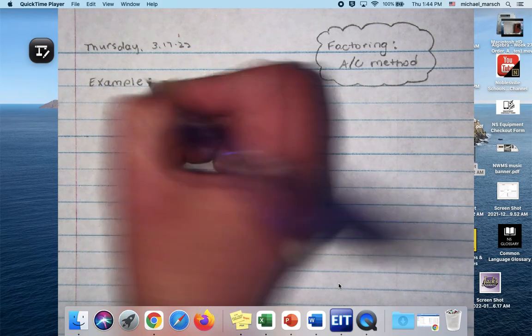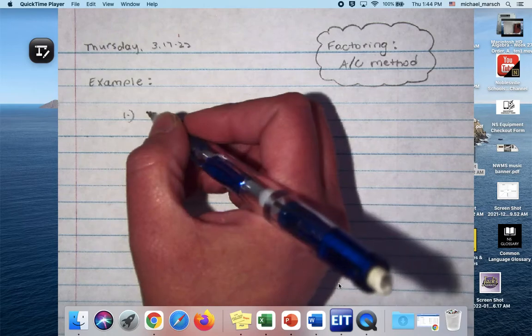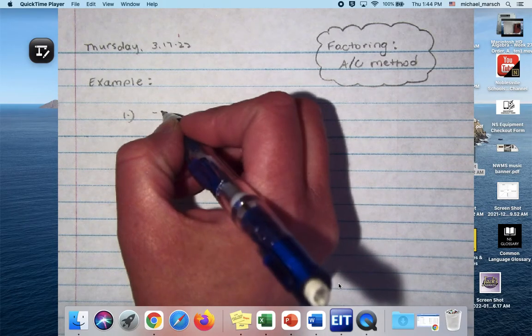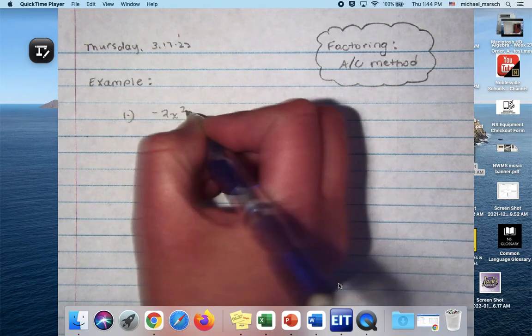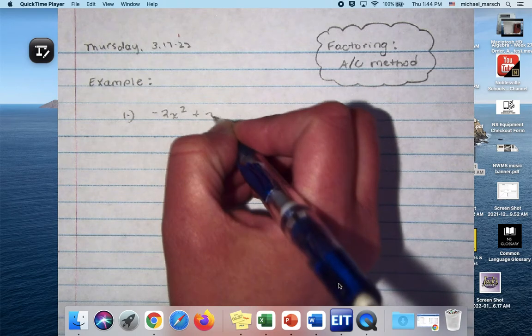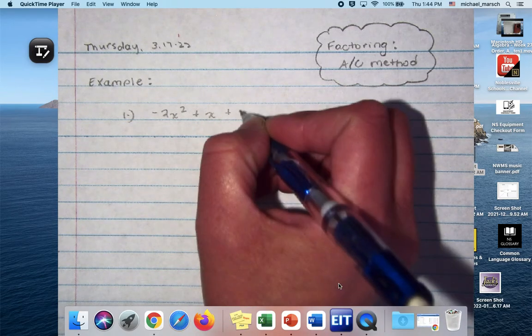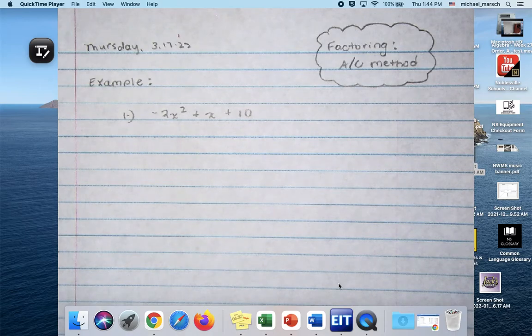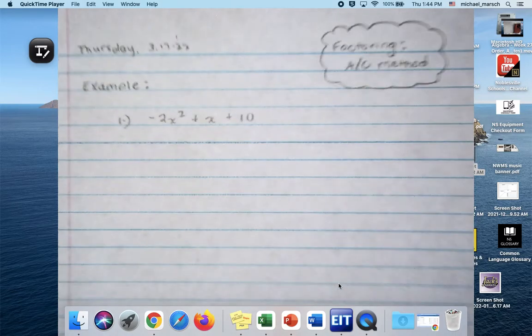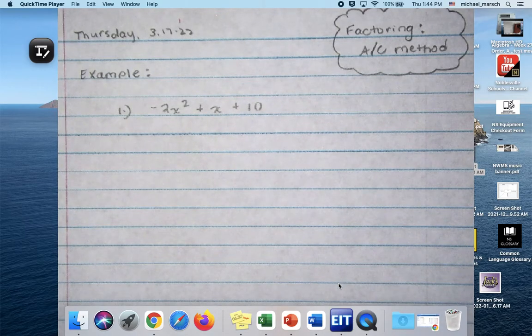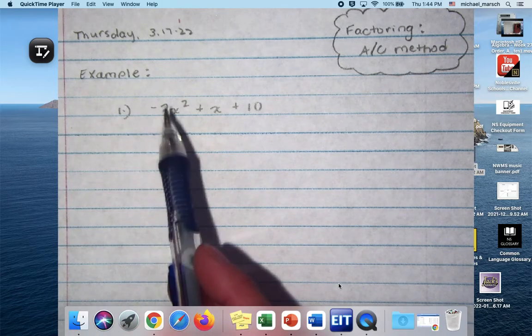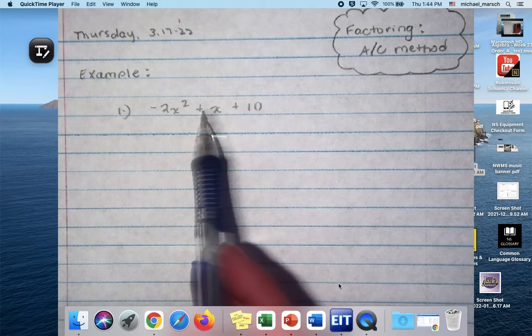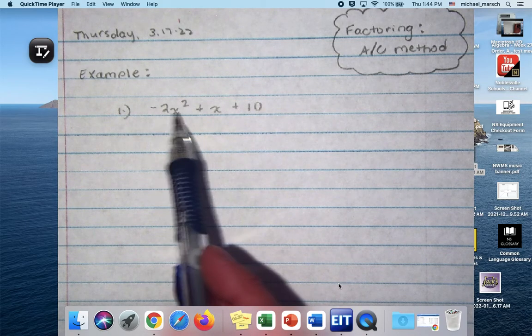I'm just going to jump into it, and we're going to use this polynomial. Negative 2x squared plus x plus 10. So the coefficients of these terms actually have letters that go with them, right?